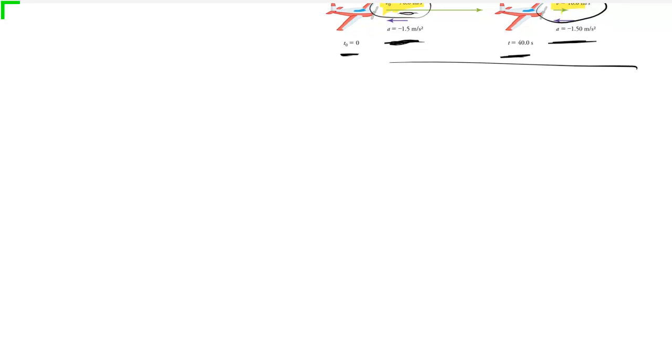A couple things here to note about acceleration. Acceleration is a change in velocity with time, and there are a few different ways in which velocity can change. We talked about speeding up and slowing down, but remember that a velocity is not only a magnitude, but it's also a direction.